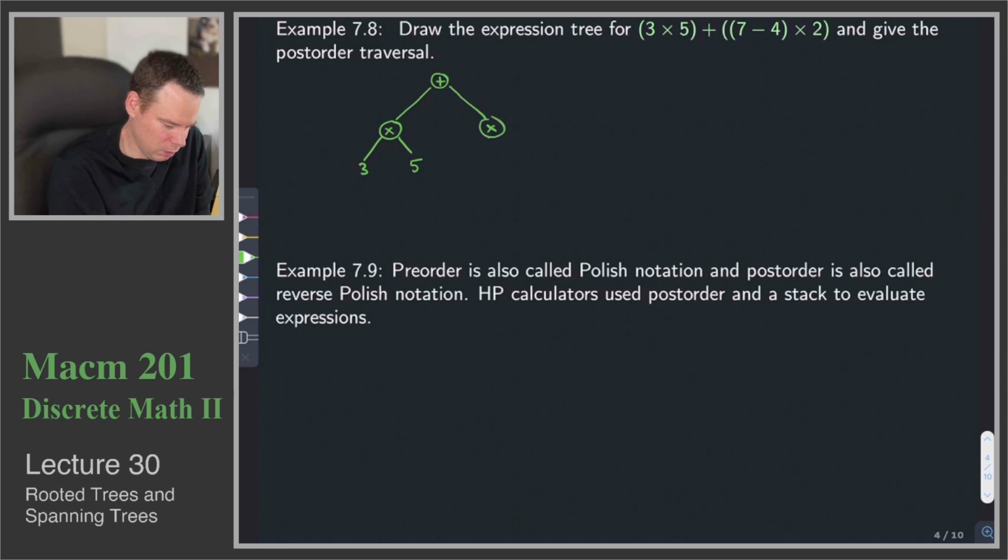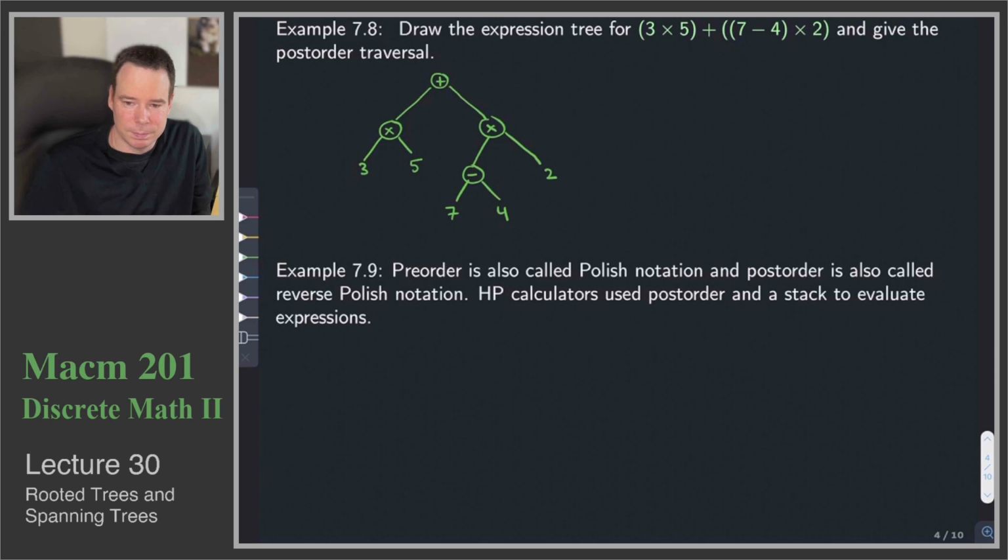So it's a multiplication of some expression, 7 minus 4, and 2. So in order to do that one, I'd have to work out the subtraction, and that would be 7 and 4. So there's an expression tree for that arithmetic expression.